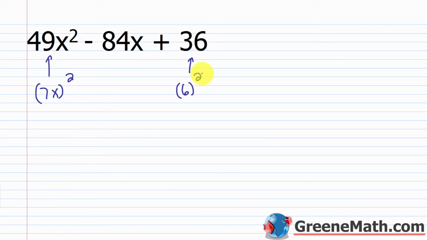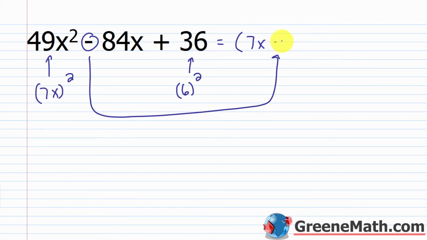So is the middle term 2 times the product of 6 times 7x? 2 times 6 is 12. 12 times 7 is in fact 84, and the x would come along for the ride, so that would give you 84x. Now, there's a minus sign here, so when you set this up, it's going to be 7x, there's a minus, and then this one right here, 6. So this quantity, squared.